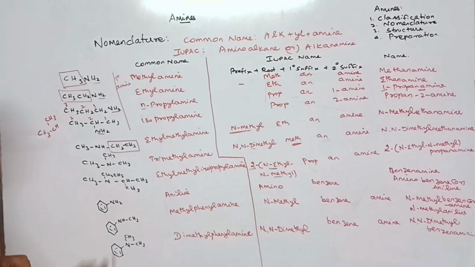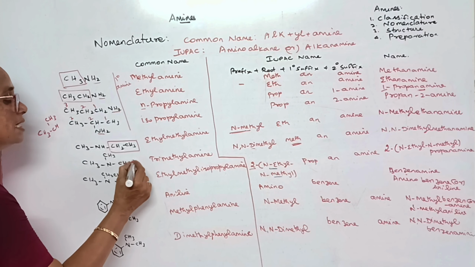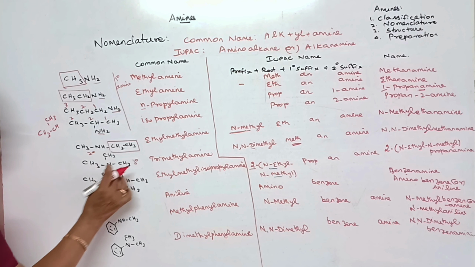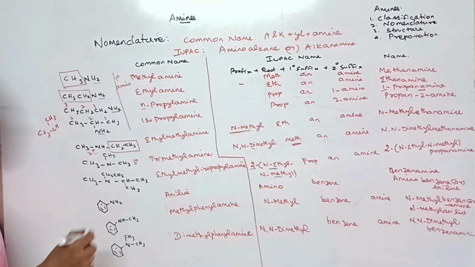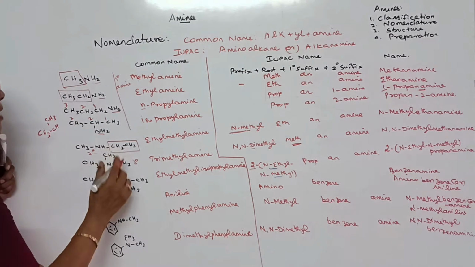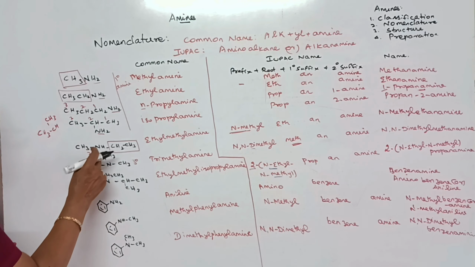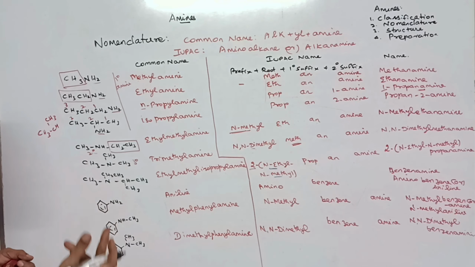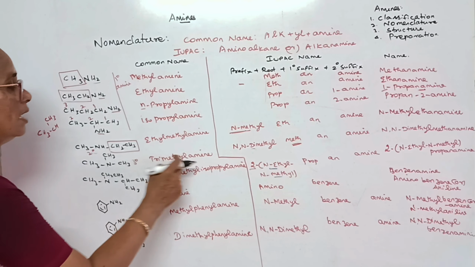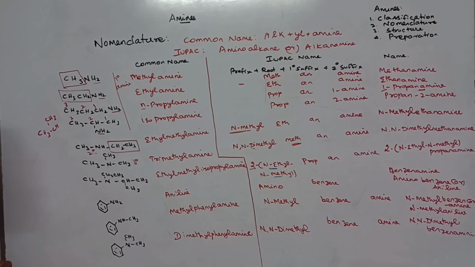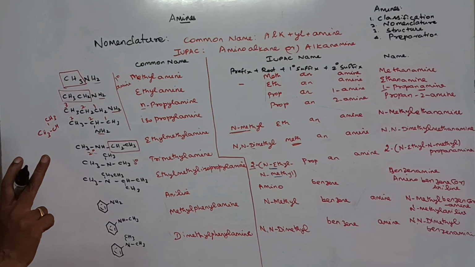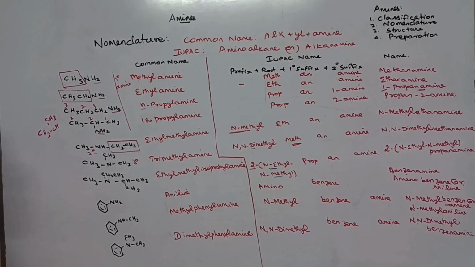When I take the three methyl groups, it is a tertiary amine. That was a secondary amine, this is a tertiary amine. In the tertiary amine, all 3 alkyl groups are similar, so I can count 1, 2, 3. So the common name becomes trimethylamine. But for the IUPAC name, only one alkyl part makes the parent hydrocarbon, the other alkyl parts are part of the nitrogen.